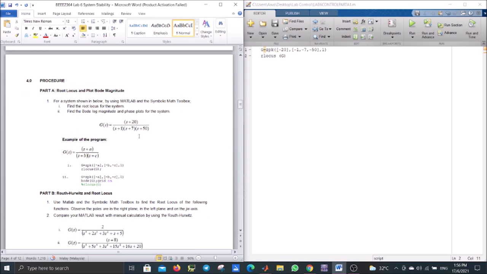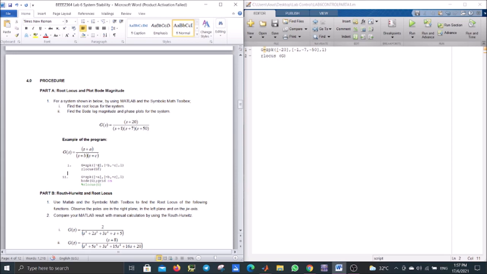This is the equation that has been given, and this is the example of the program that the lab sheet has given to us. So we can copy the code for MATLAB, and we substitute the values that have been given here.